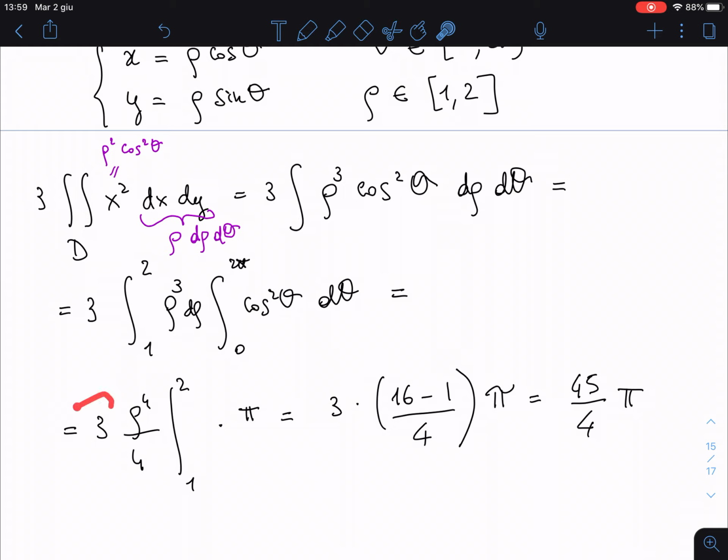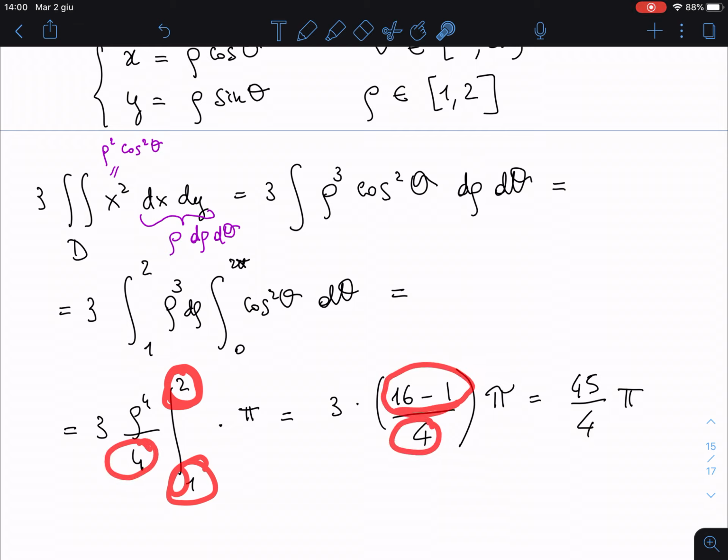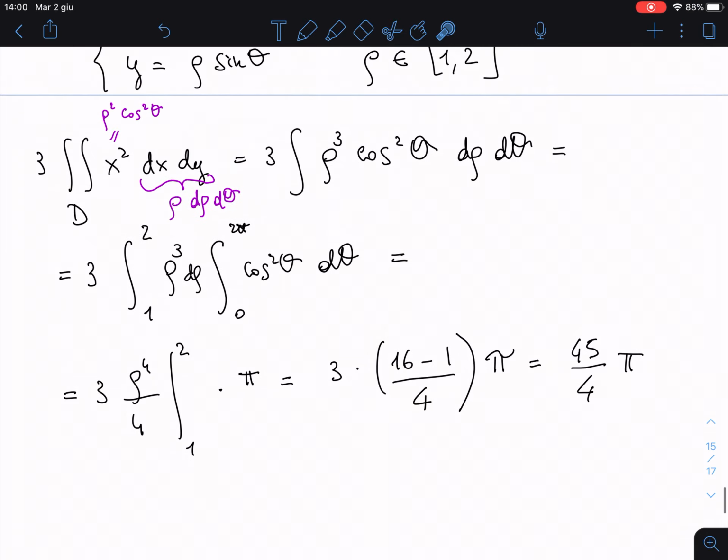So here you have the factor 3, and then integrating rho, you have rho to the 4th over 4 between 1 and 2, times pi, and this is equal to 3 times 2 to the 4th, 16, minus 1 to the 4th, 16 minus 1, divided by 4, multiplied by pi, and again you find 45 over 4 pi. So here you saw that the formulas really work.